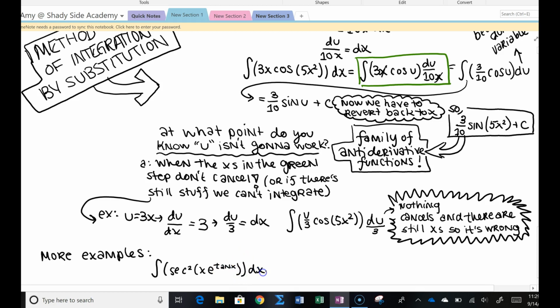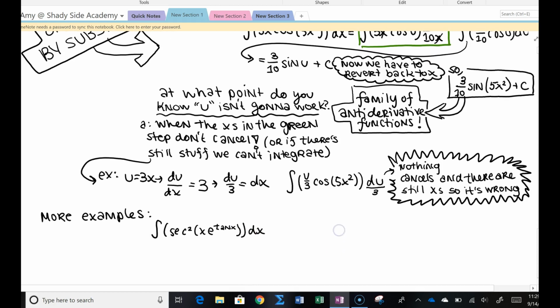Is the tan x inside the secant? No. It's secant squared of x times e to the tan x, okay? Don't skip the step of asking, is this the reverse of a simple antiderivative rule? Maybe it's so disgusting you're going to move that out. I don't know, but make sure you always ask that question, okay?